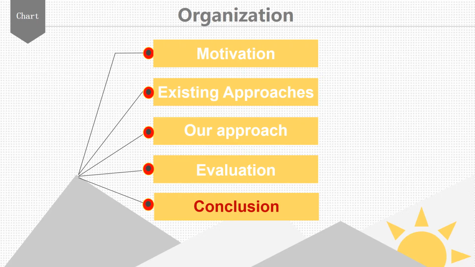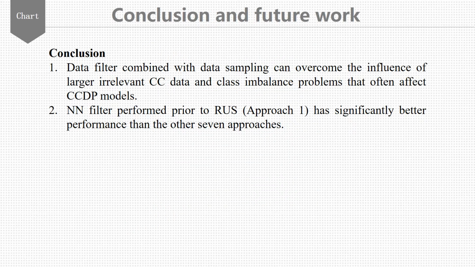Finally, we give our conclusions and talk about the future work. In this paper, we propose data filter combined with data sampling to overcome the influence of large irrelevant CC data and class imbalance problems that often affect CCDP models. 8 combination approaches are investigated.